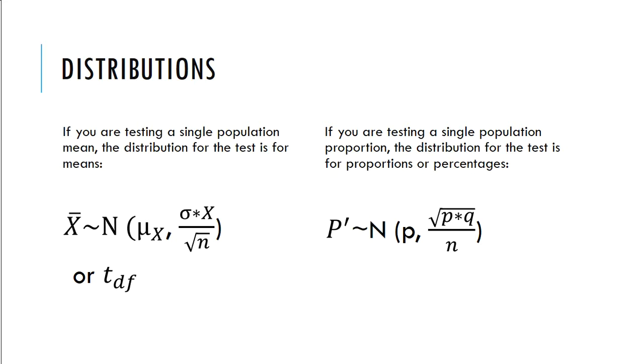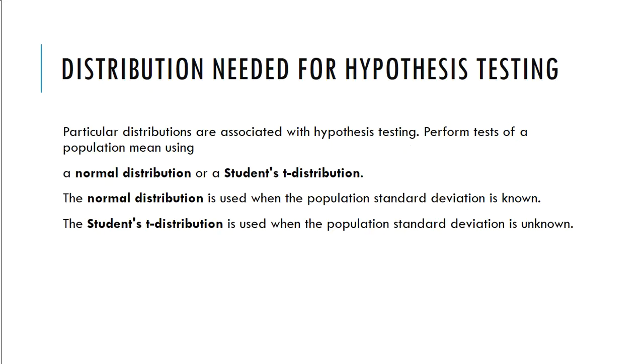I know it doesn't make a lot of sense right now, but we're getting there. If you're testing a single proportion, then the distribution of the test for proportion is p prime tilde N, where in parentheses is p, and then it's the square root of that. So there are 3 different types of particular distributions associated with hypothesis testing.